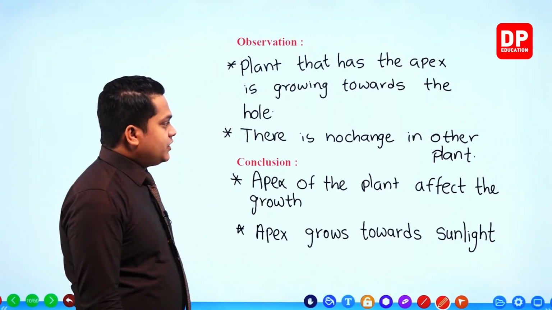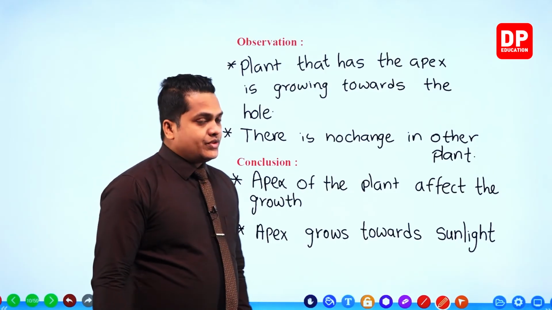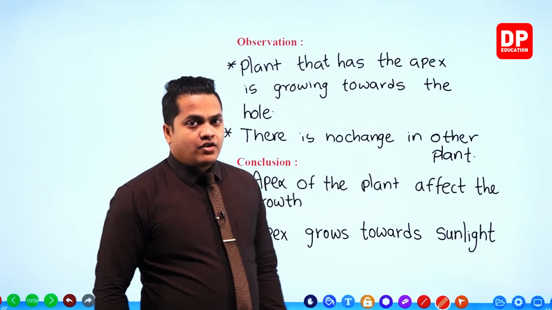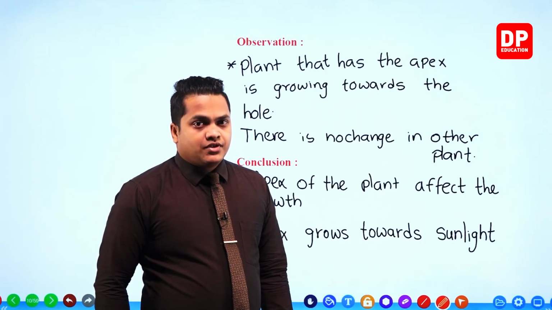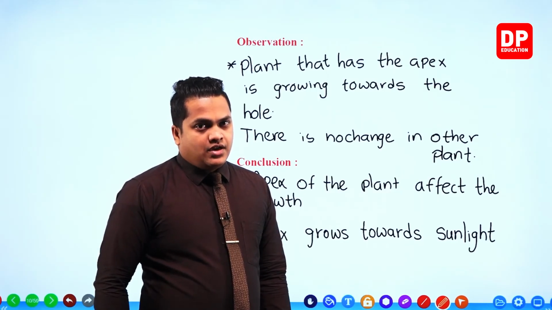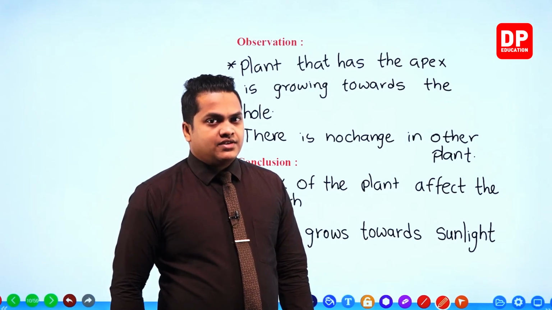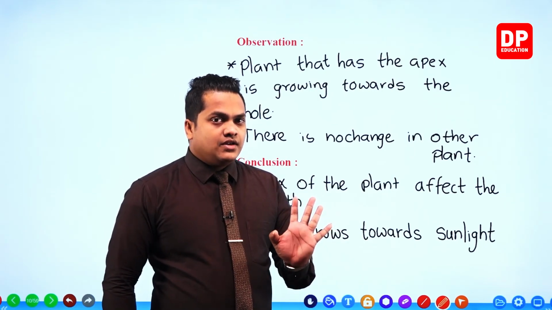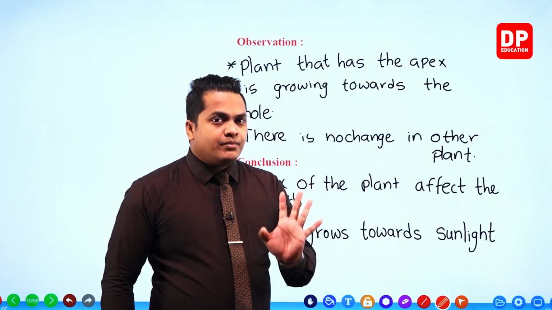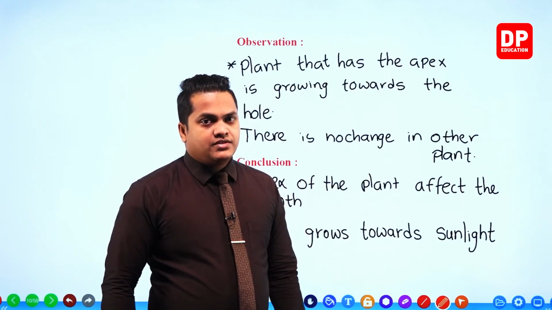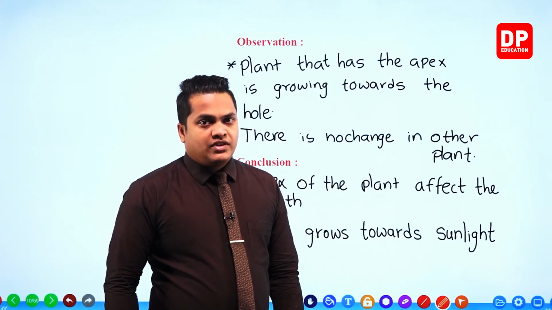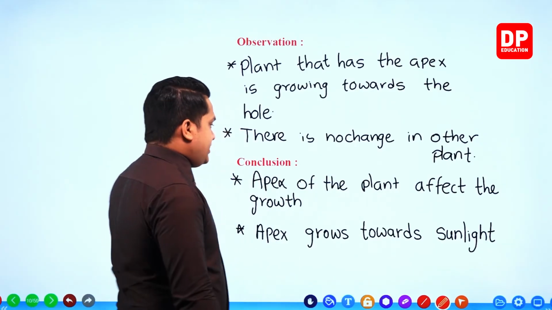So these are our two activities to show the effect of the apex on growth. Now let's head on to see what other things are contained within the lesson. Within this lesson part, we discussed and proved that there is an influence or effect between the apex and the growth. Right.